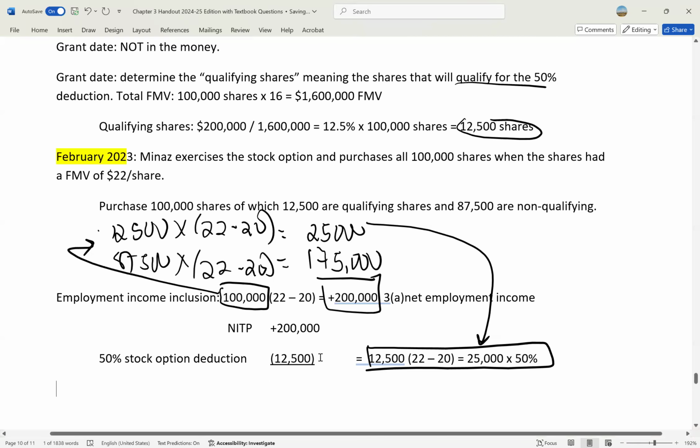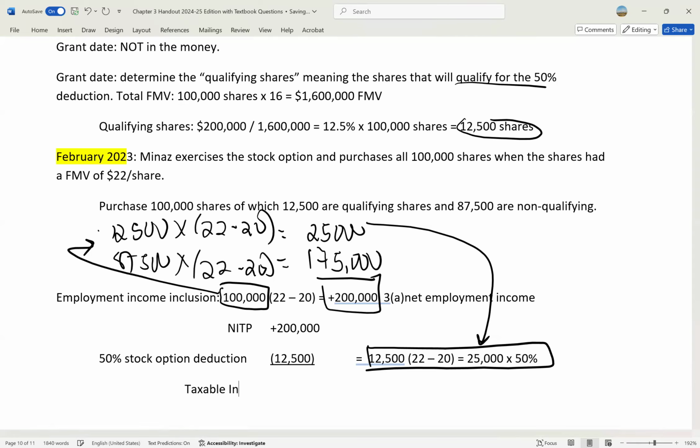That means a deduction of only 12,500. So the taxable income will increase by 187,500. Any questions about how we came up with the qualifying shares or how we came up with the 50% stock option deduction for this example?